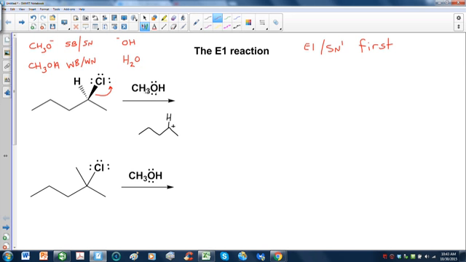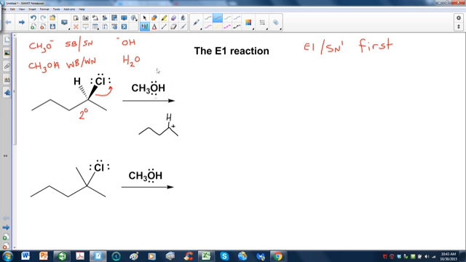So when we have something like methanol here, this is really the key to telling us what's happening, because this substrate is secondary. From what you've seen before, you know that an E2 reaction is preferred by tertiary halides and not preferred by primary halides. So for secondary it means it could go either way.